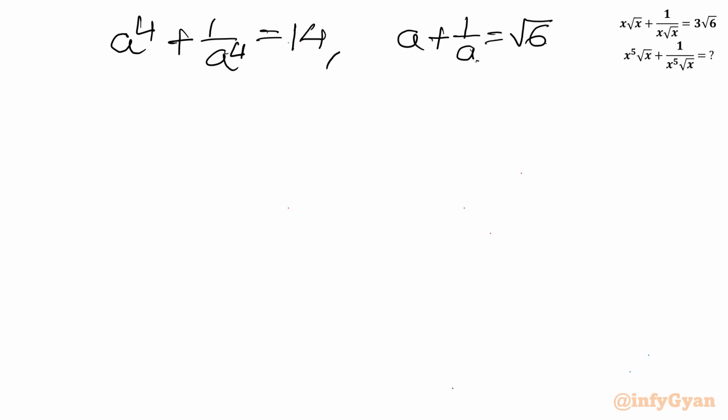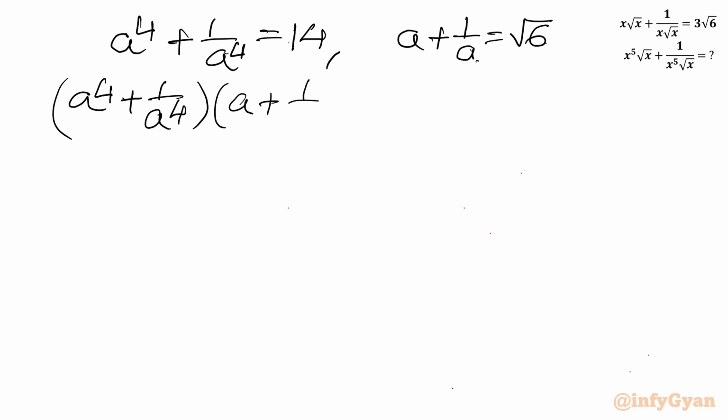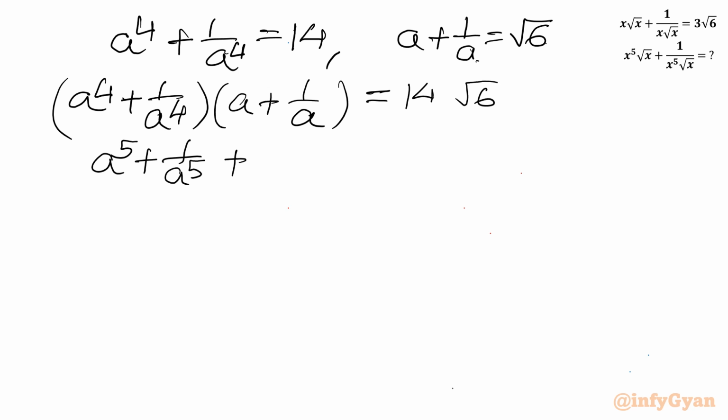Let's multiply both. So a power 4 plus 1 over a power 4 times a plus 1 over a equal to 14 root 6. Multiply it, a power 5 plus 1 over a power 5 plus cross multiplication will give us a cube plus 1 over a cube equal to 14 root 6.